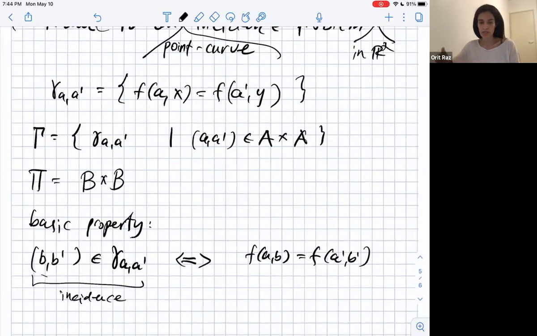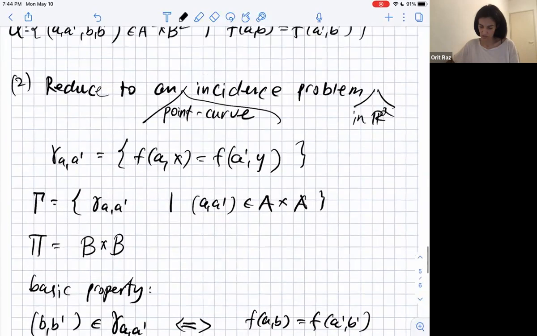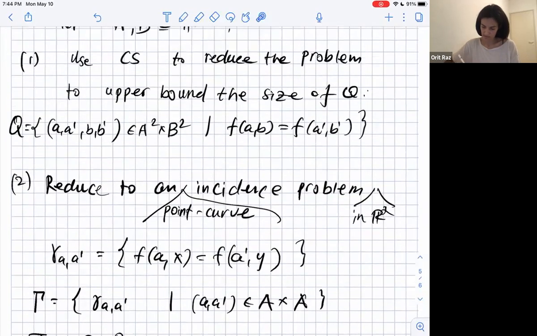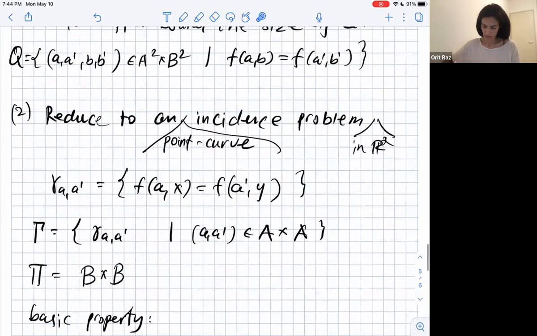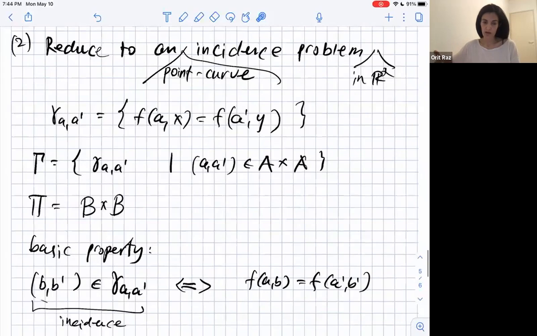So if I want to bound the size of Q, the set of quadruples, then from another perspective, I'm trying to bound the number of incidences between, if A and B are of size n, n squared curves and n squared points.